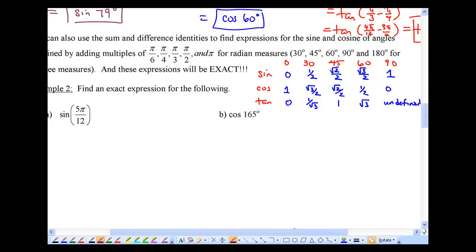How can you get 5 pi over 12? Well, I guess you have to find a common denominator. I guess 4 and 3 give you 12. So my bet would be, to get 12, I'm going to have to use pi over 4 and pi over 3 somehow.